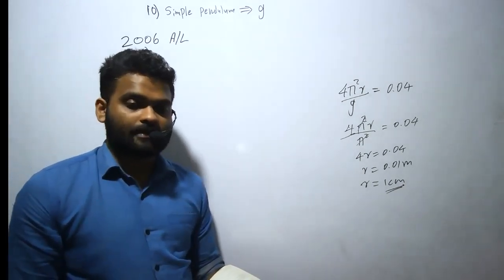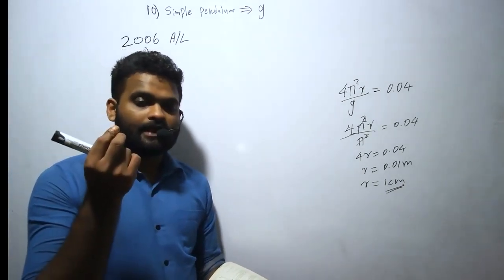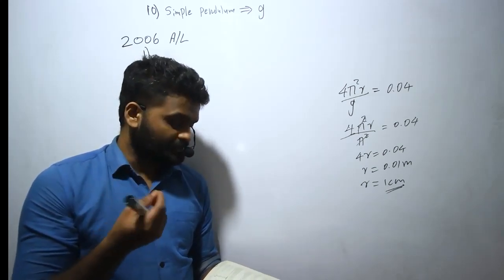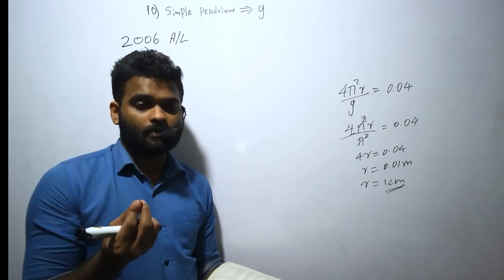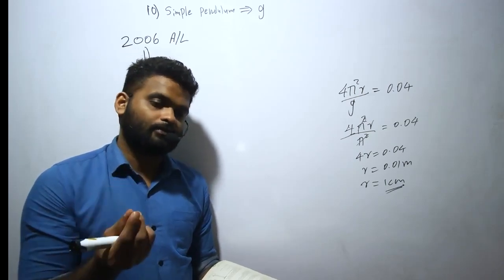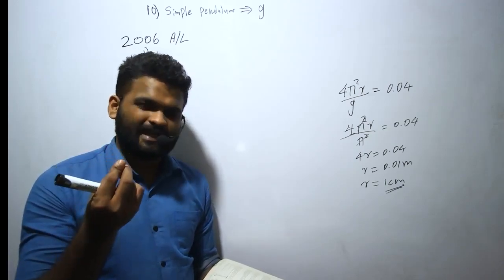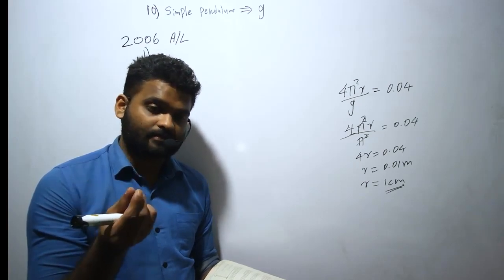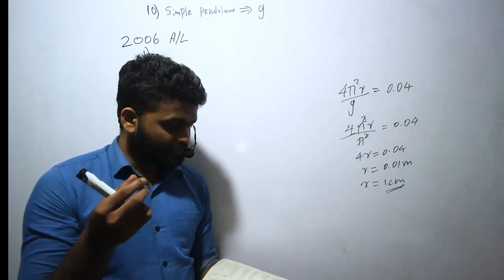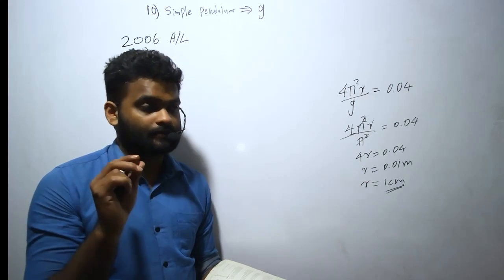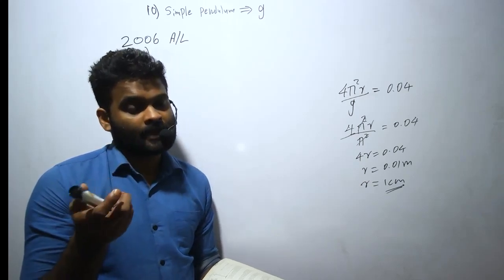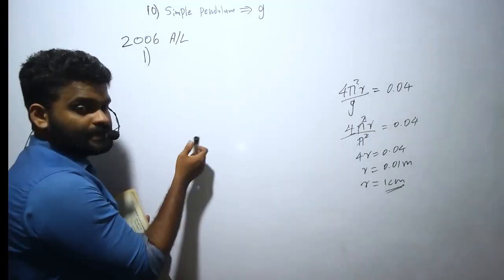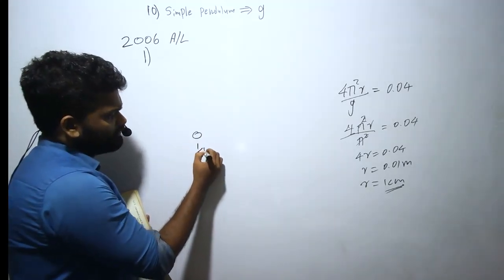Right. In part D, they say instead of a metal bob, which is what we use, a student uses a wooden bob. So what happens? A wooden bob has less density, so it has less mass, right? So what happens if it is a wooden bob? We give this oscillation, half mv squared.